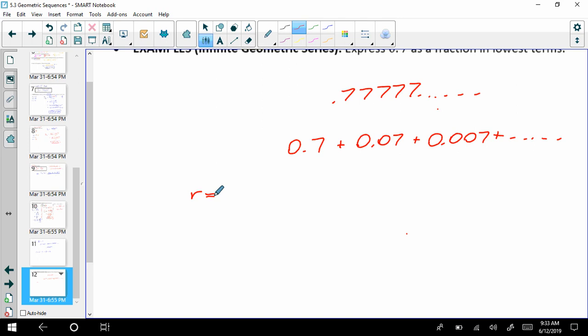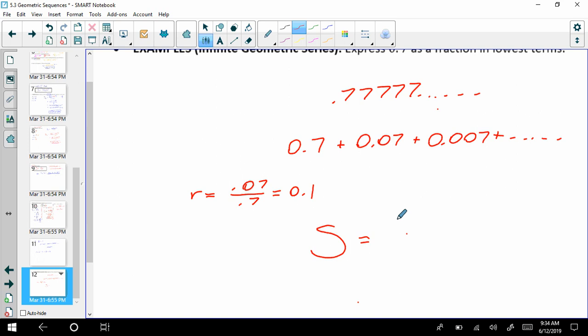This is weird how this works. If I asked you to tell me what is r, what are they multiplying by on this? Well, if we take 0.07 and divide by the one that came before, it comes out to 0.1. If I used my sum formula to total these all up, watch what happens.